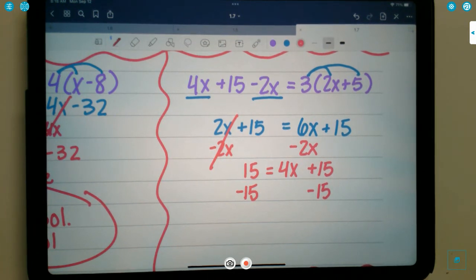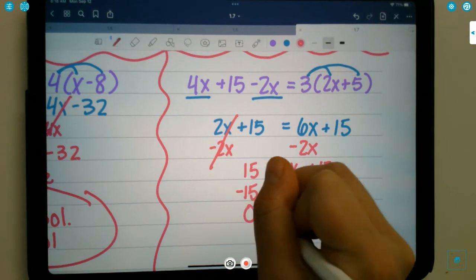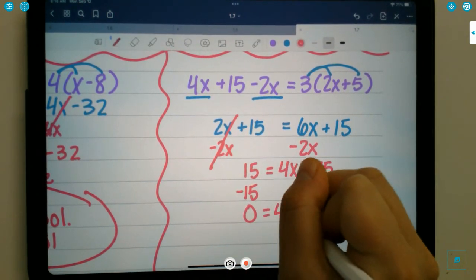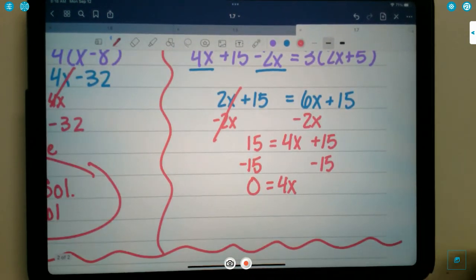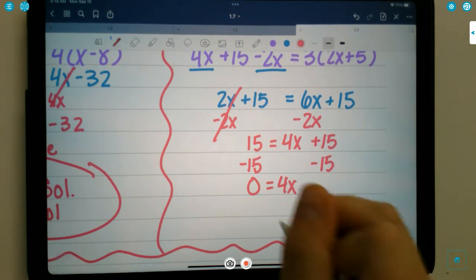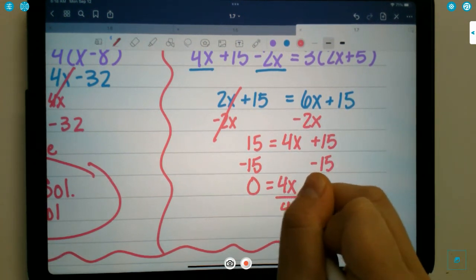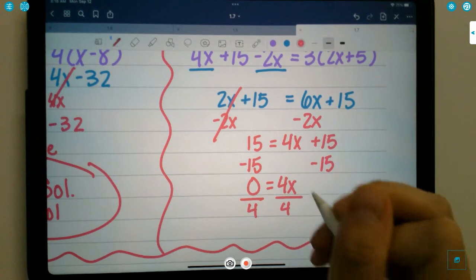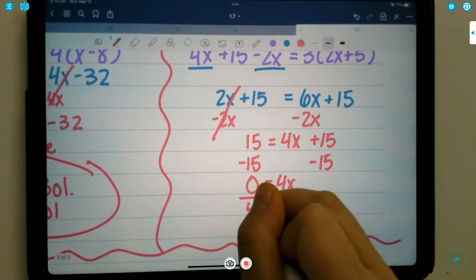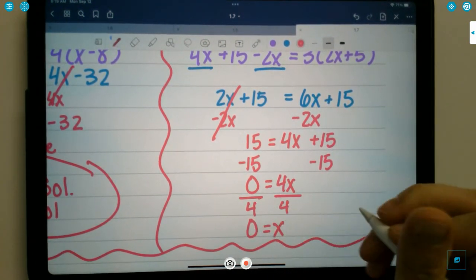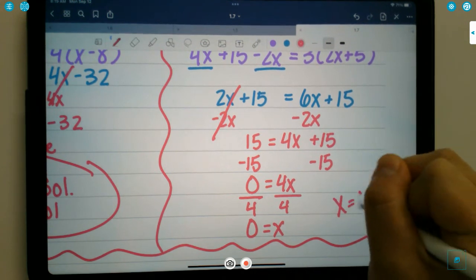When everything on one side of an equation cancels out and we're left with nothing, we need to make sure we put a 0 there. So I've got 0 equals 4x. I can divide both sides by 4. 0 divided by 4 is 0. So I get 0 equals x, which I can flip around to be x equals 0.